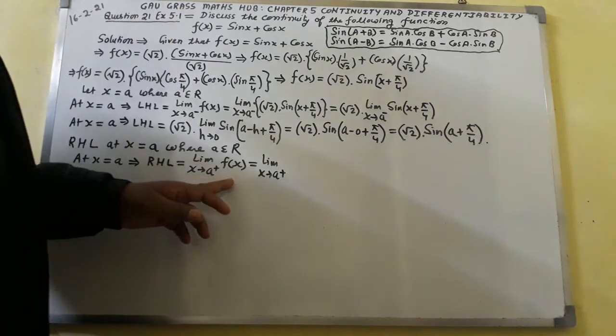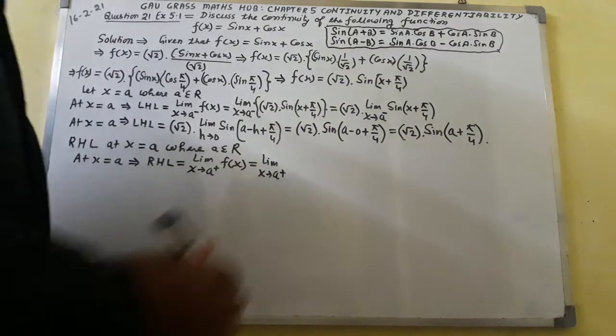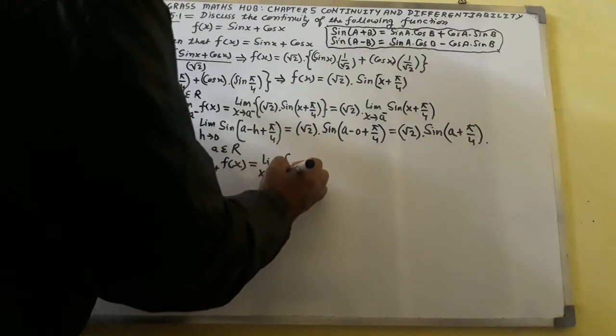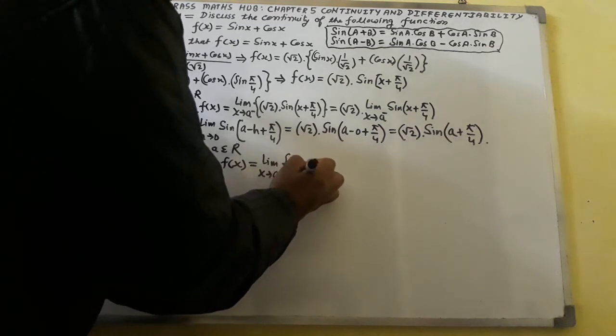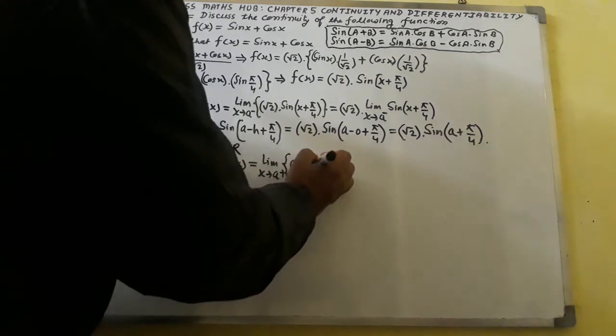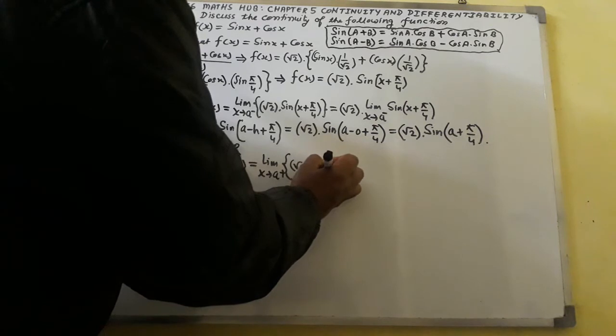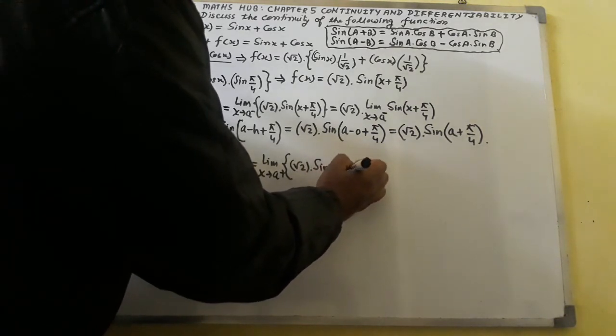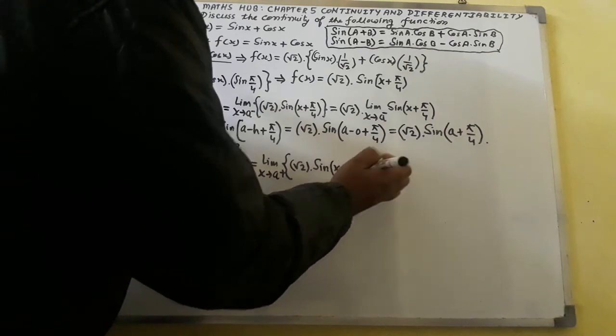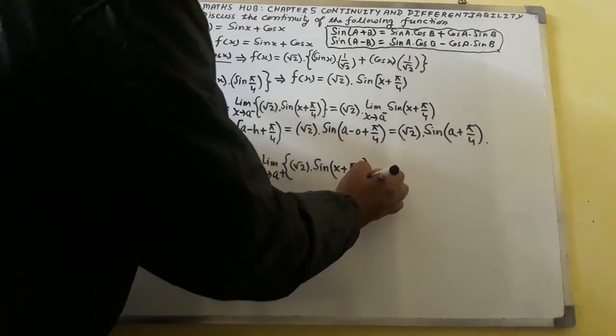In place of f of x I shall write in curly bracket under root 2 dot sin x plus pi by 4, curly bracket close.